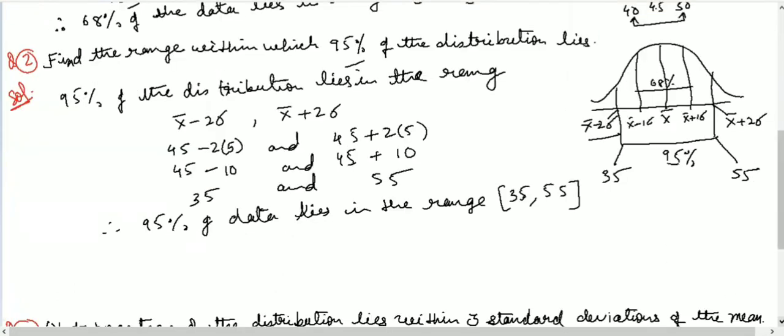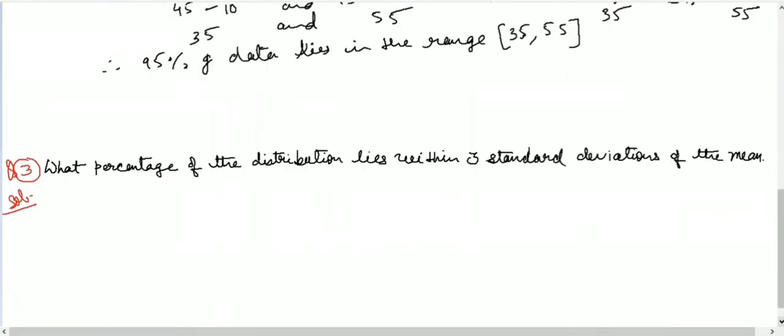Now the next question is, what percentage of the distribution lies within 3 standard deviation? So within 3 standard deviation the range is x bar minus 3 standard deviation and x bar plus 3 standard deviation. What is the question here? What percentage of the distribution lies?